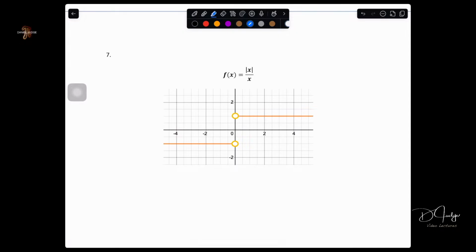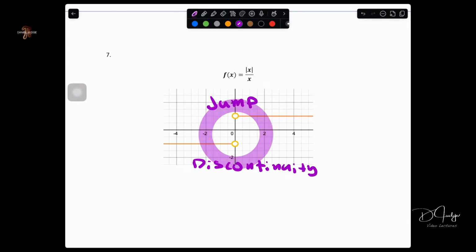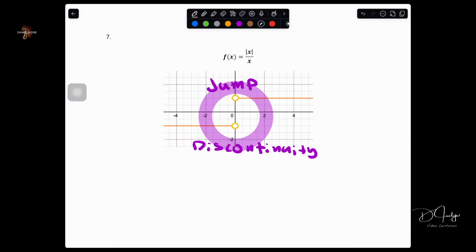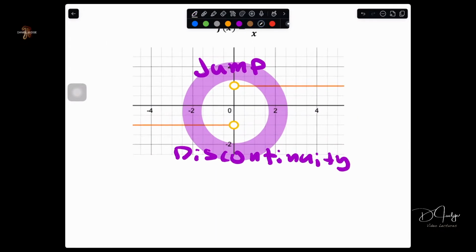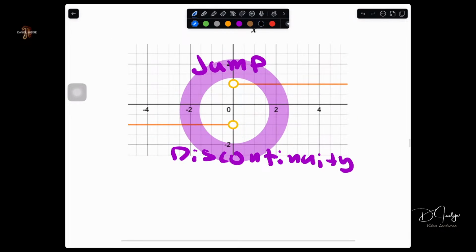The function absolute value of x over x, this is a classic demonstration of a function that has a jump discontinuity here. So you got a jump discontinuity. That means this function is not differentiable at the location of that jump discontinuity. That's where x equals 0.